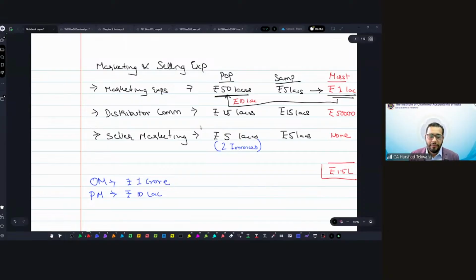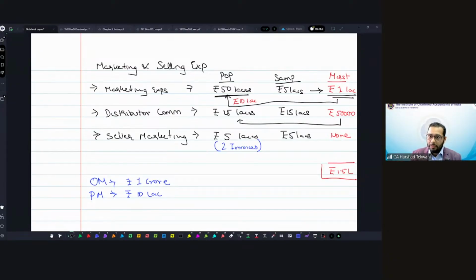Similarly, if you have 50,000 in 15 lakh, how much will you have in 25 lakhs? Let me do a cross calculation quickly.